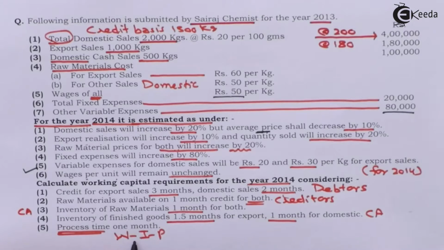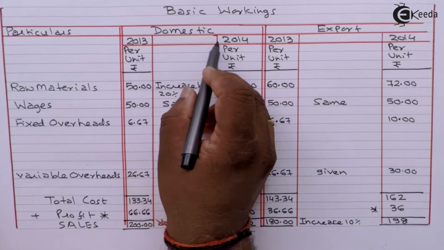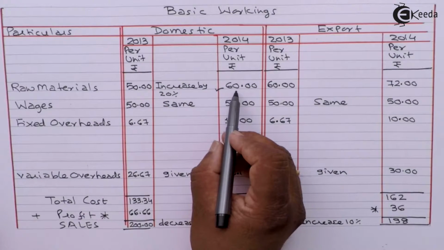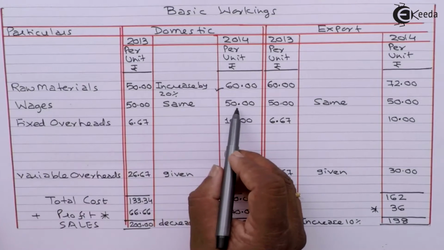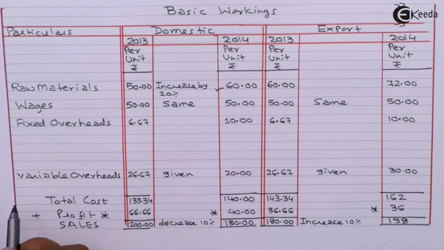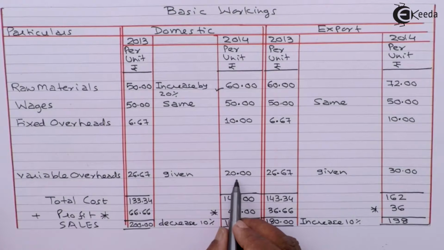Process time 1 month. This is information of work in progress. In case of domestic market, raw material per unit is 60 rupees, wages 50 rupees, fixed overheads 10 rupees, variable overheads 20 rupees.